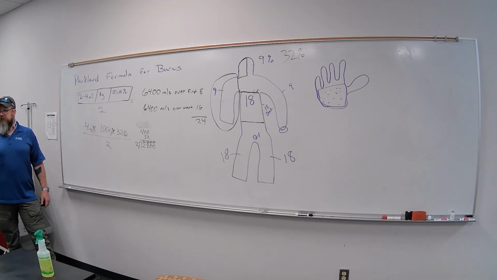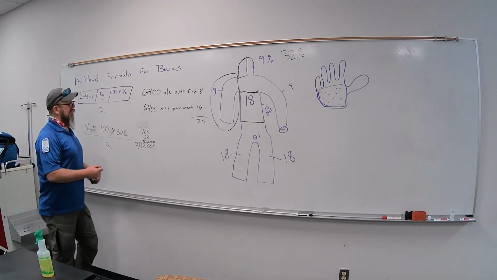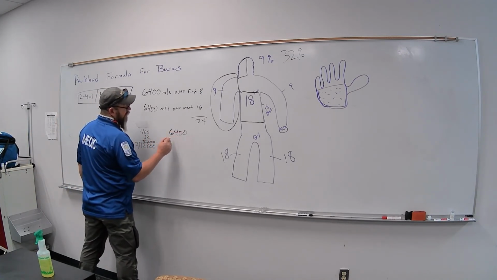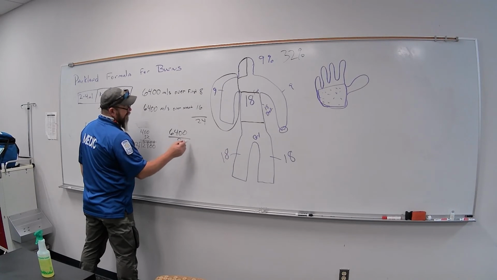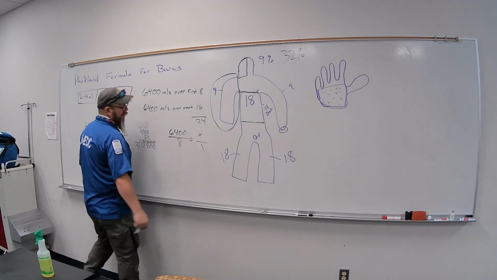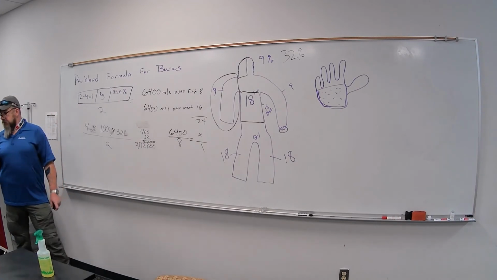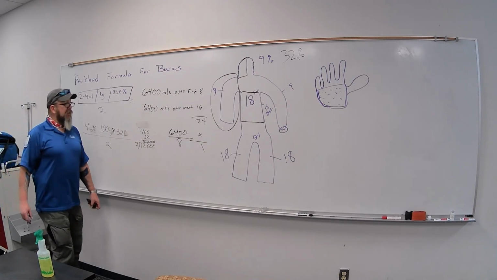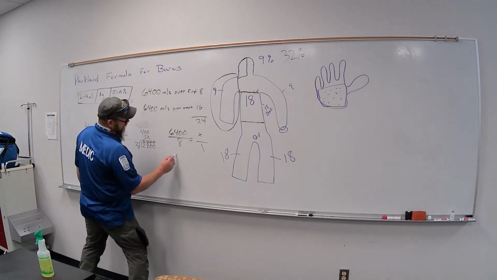So, it's the same thing as saying 8 hours equals 6,400 mLs. Right? So how do we get rid of that? We divide both sides by 8, X equals 6,400 divided by 8. 8 times 8 is 64, right?